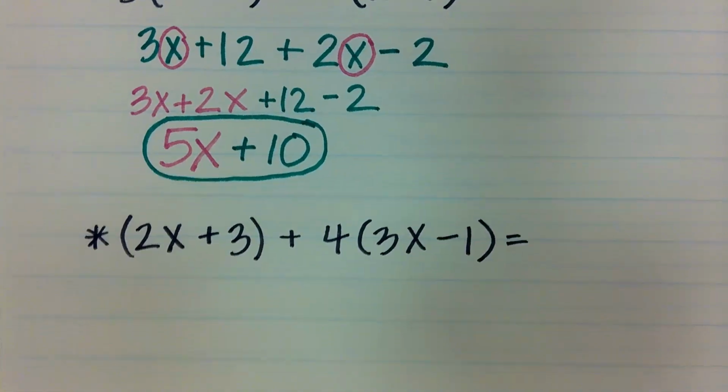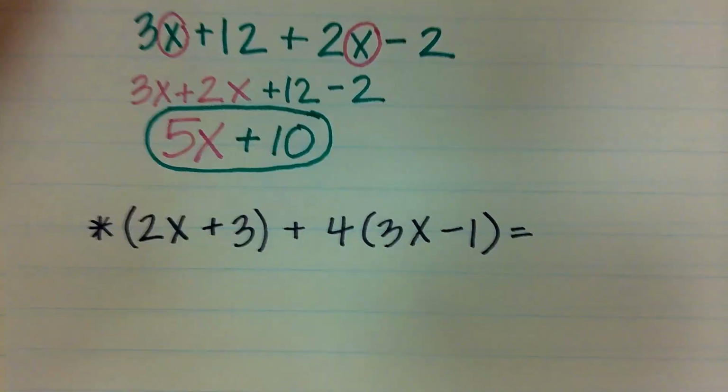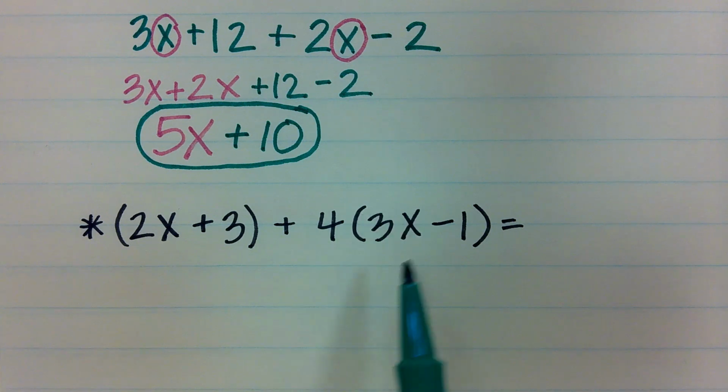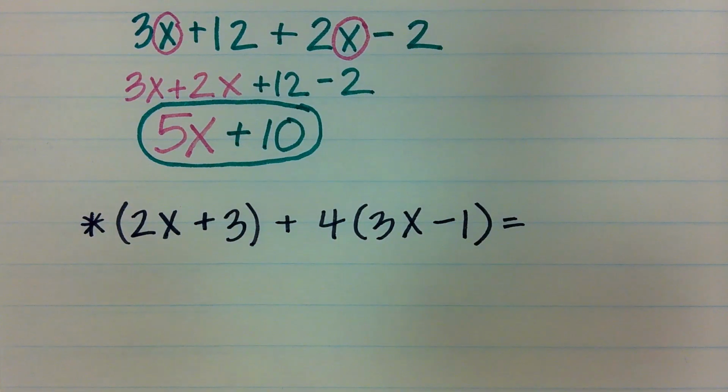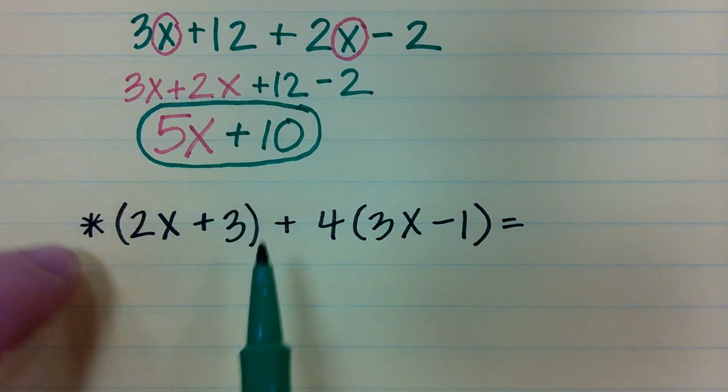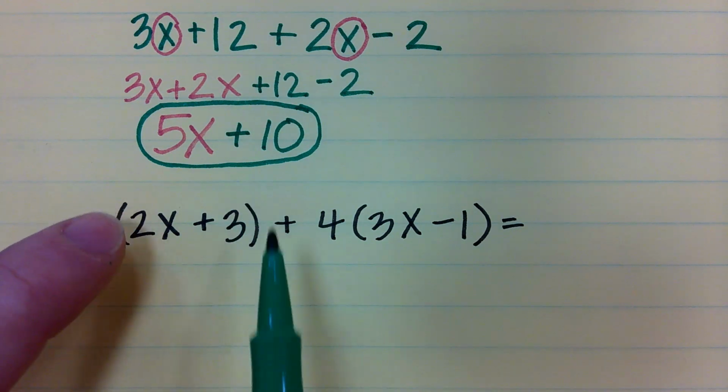On my second expression, I've got in parentheses 2x plus 3 plus 4 times the quantity of 3x minus 1. What do I do here? Okay, are you talking about the first parentheses here?